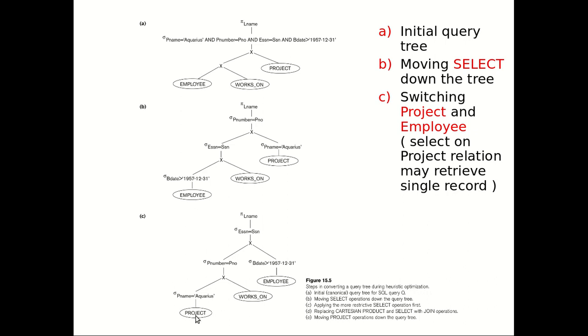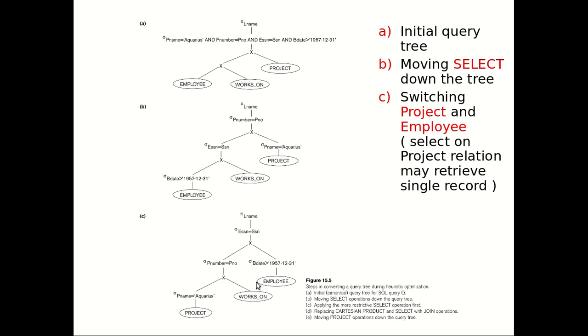That is why we swapped the project as well as employee, for a simple reason. The project relation may result in only one tuple, whereas the employee relation, when this condition is applied, may result in more than one tuple. Our ultimate aim is to reduce the size of operations as much as possible. That's why the third step.